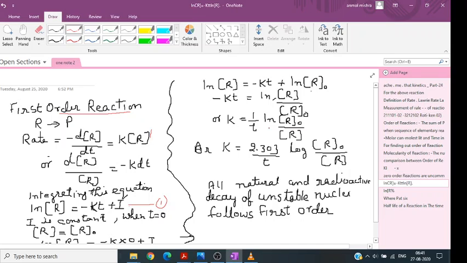Now, when the log is base e and it is converted into base 10, we multiply it by 2.303. So k is equal to 2.303 by t log R0 by R. Again, this is a very important expression.